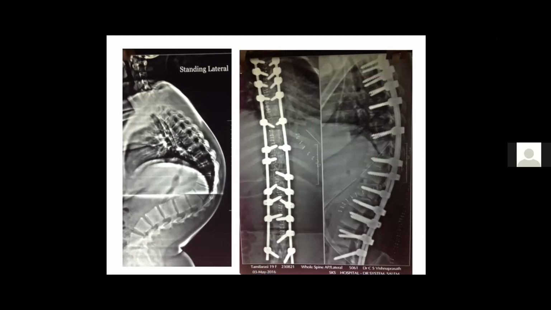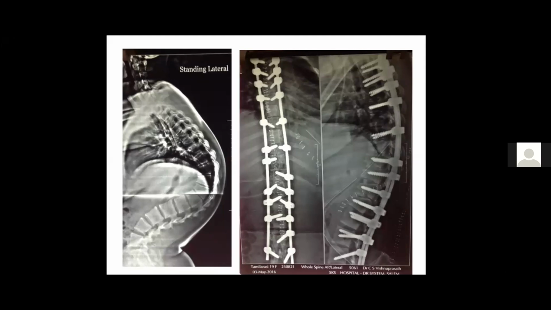So the main thing was, if you are overcorrecting it, the chance of proximal junctional kyphosis is there. That's what they say. We didn't have any problems such. I think it's a problem in Scheuermann's when you are doing a pedicle screw in the upper UIV.